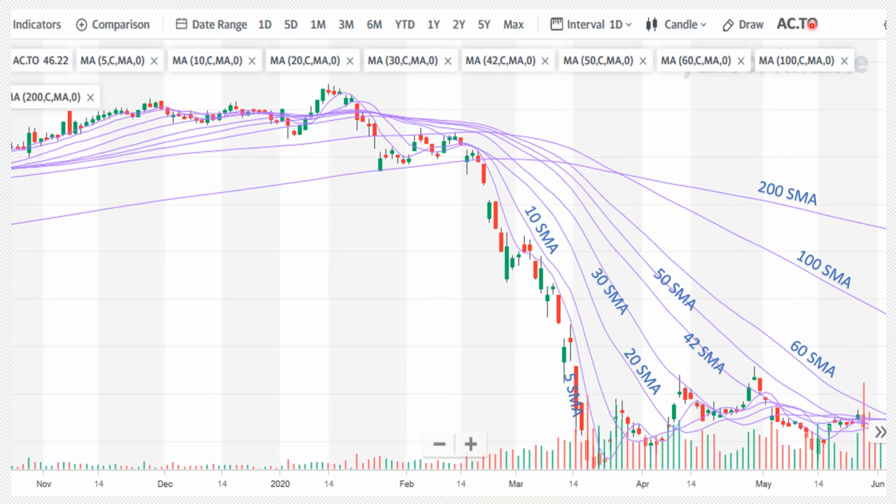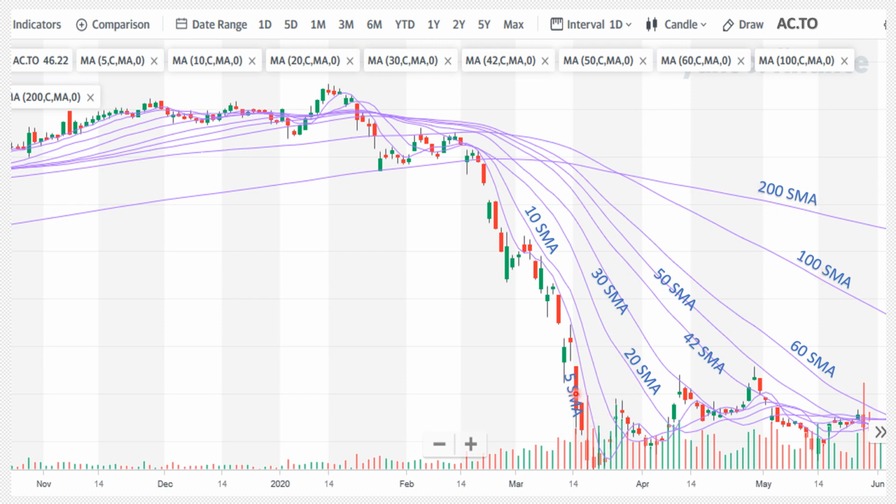This is Yahoo Finance and Air Canada stock, 1D time frame. Each candle represents 1 day of trading, and this is the price chart. On this price chart, I installed different moving averages with different periods. For example, here is 5 days. Here is 10, 20, 30 days, 42, 50, 60, 100, and 200 days.